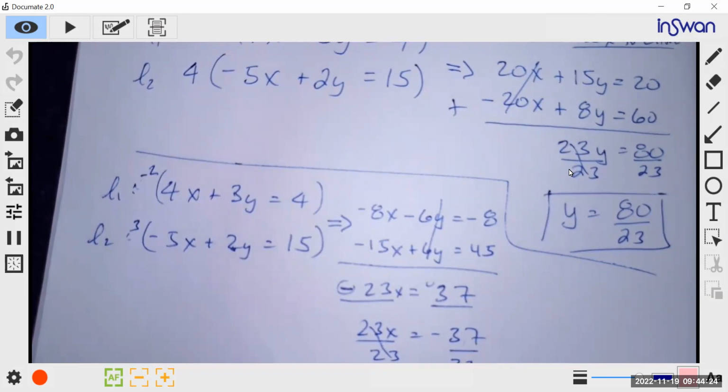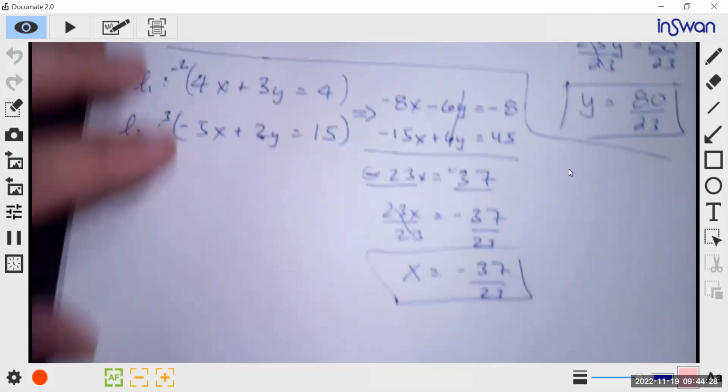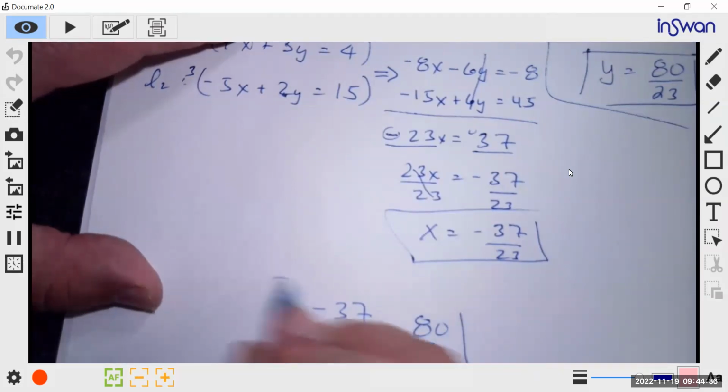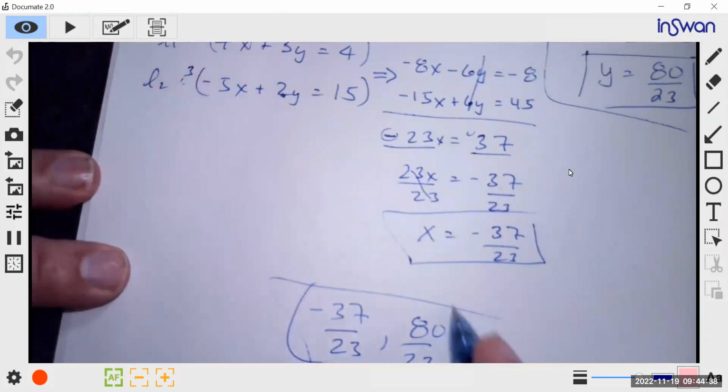X equals negative 37 over 23. That's my point of intersection.